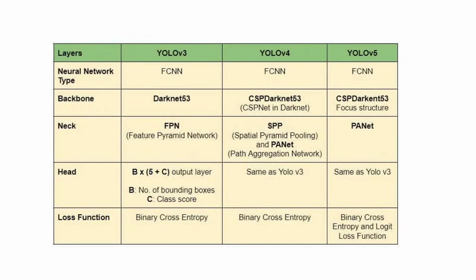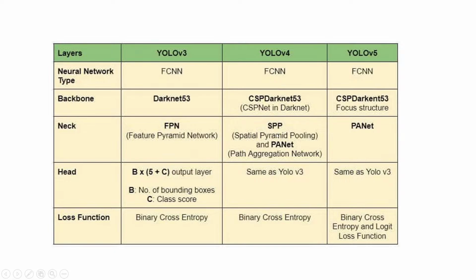This is just a comparison between different versions of YOLO: YOLO V3, V4, V5. The neural network type is FCNN for all, and the backbone is Darknet 53, CSP Darknet 53, which is an advanced version of Darknet 53. Next is FPN, feature pyramid network, in case of YOLO V3.